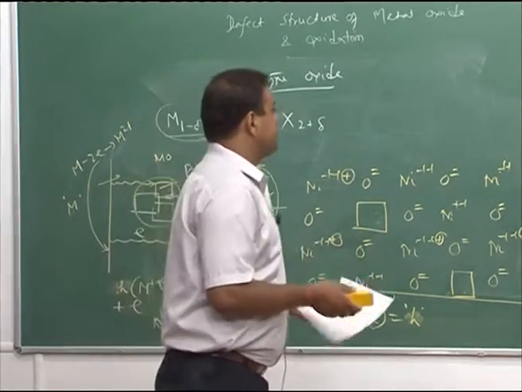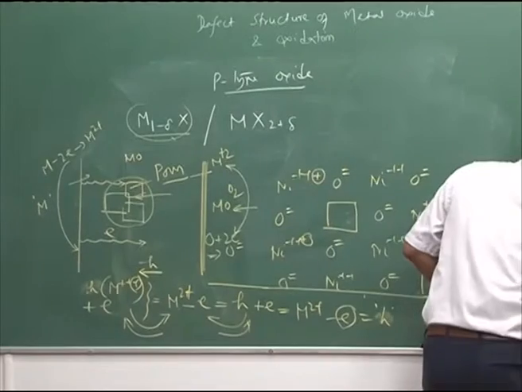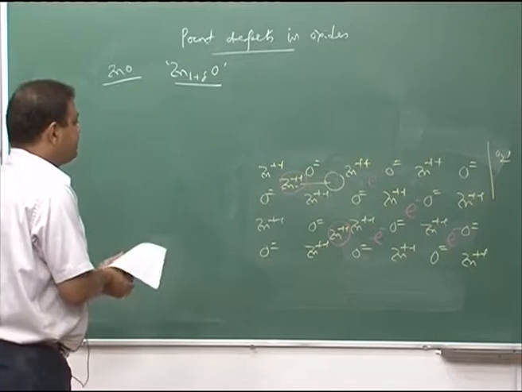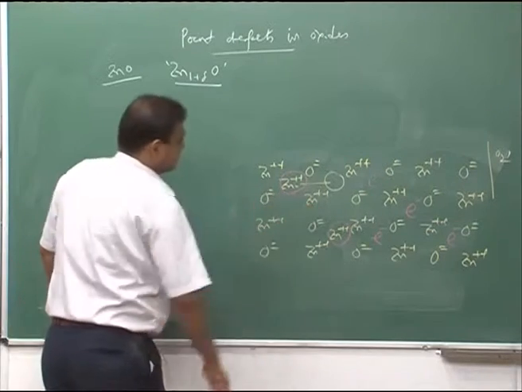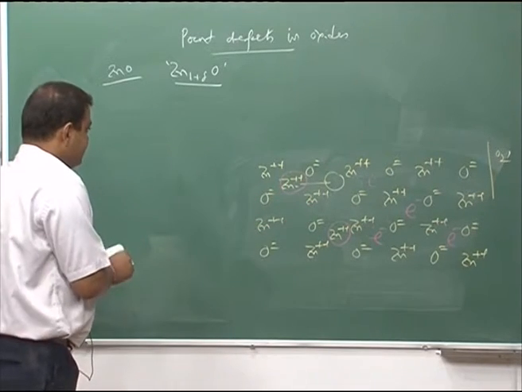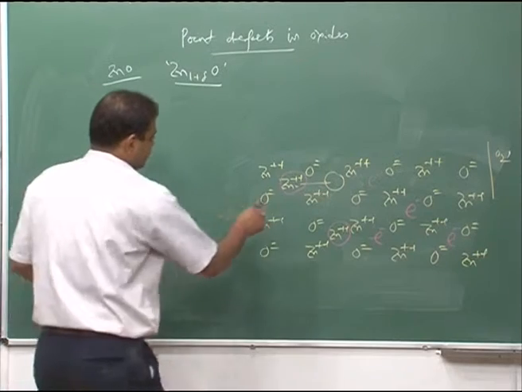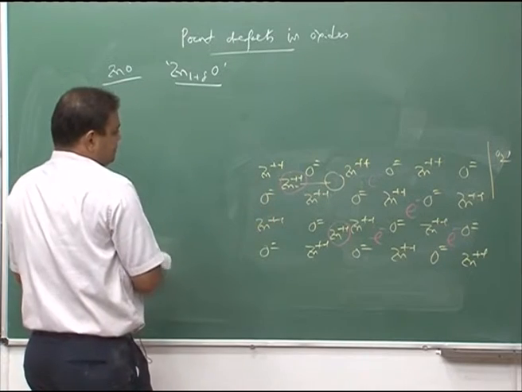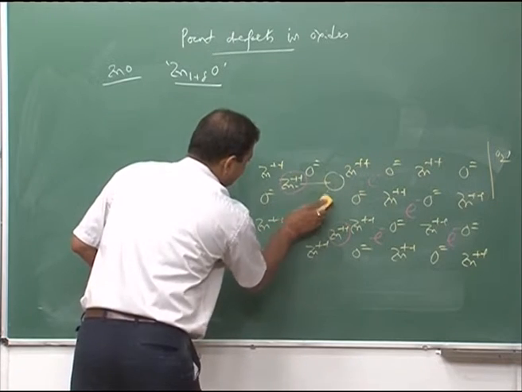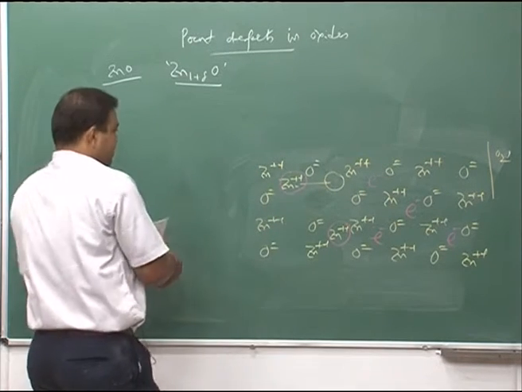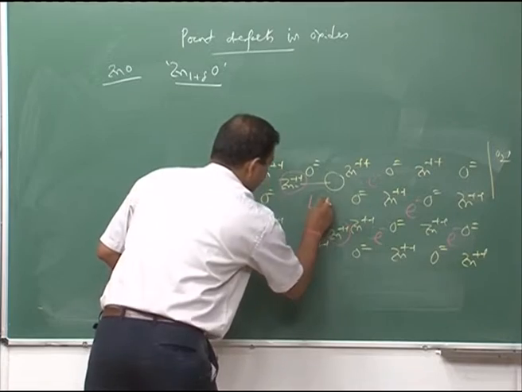Now, let us first come to zinc oxide. In the case of zinc oxide, we see that the oxide structure is like this. Let us replace one of the zinc cations from the normal lattice point with a lithium cation.